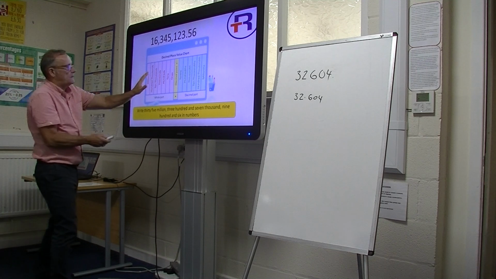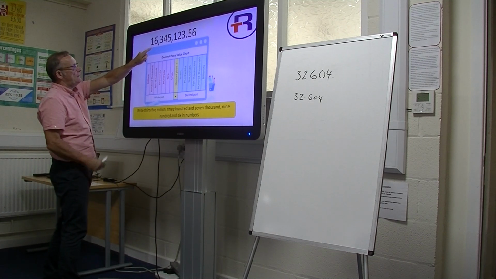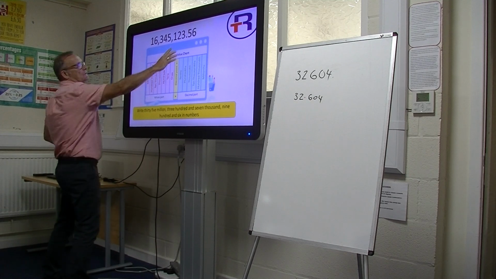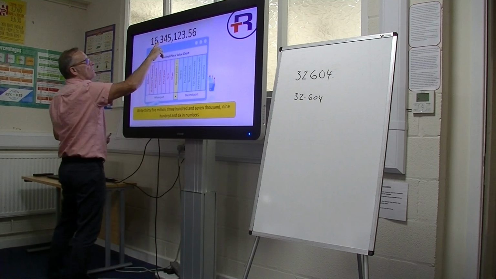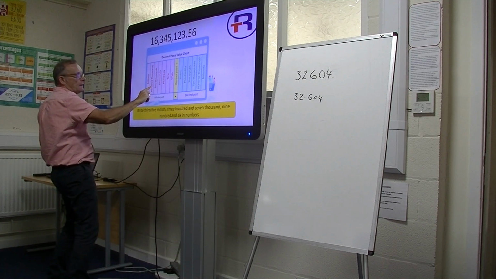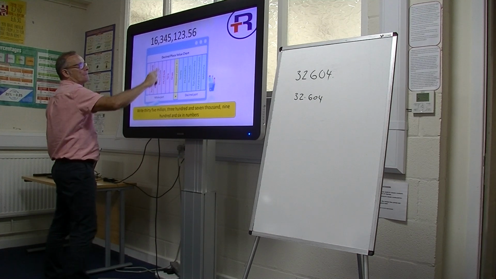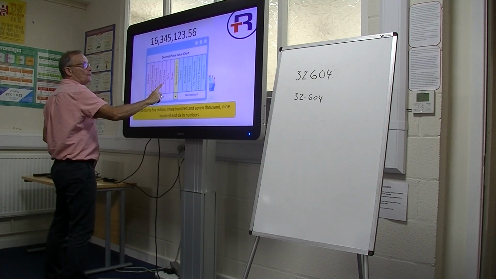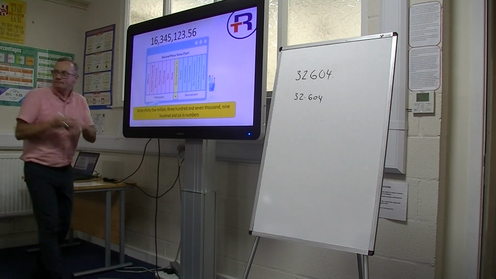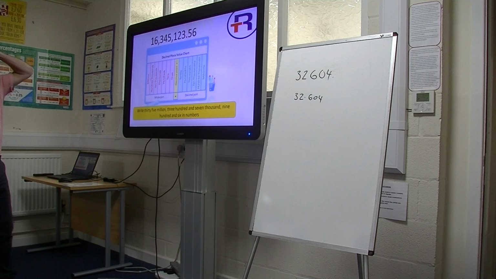So for example, 16 million would be 16 million. Just ignore the decimal point there. Then you've got your 345,123. Makes it a bit easier to understand.